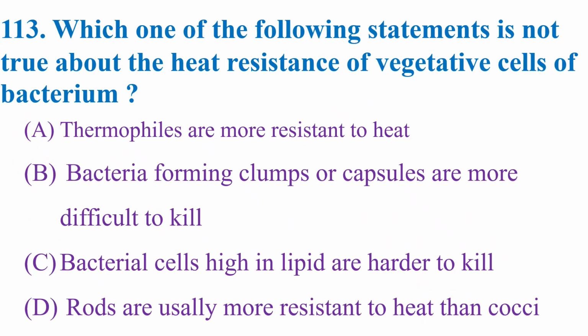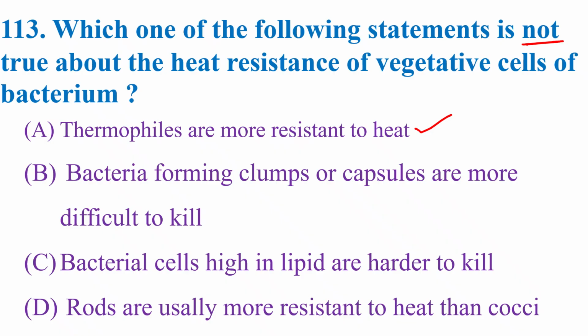Next question 113. Which of the following statements is not true about the heat resistance of vegetative cells of the bacteria? So first one is thermophiles are more resistant to heat. This is correct, because thermophilic bacteria are adapted to high temperature.